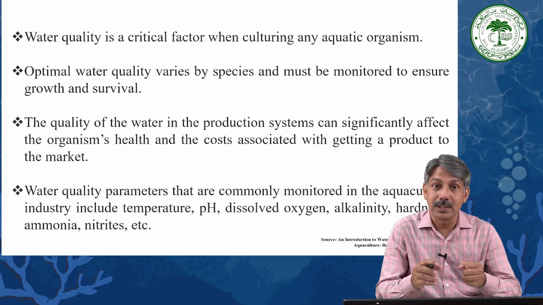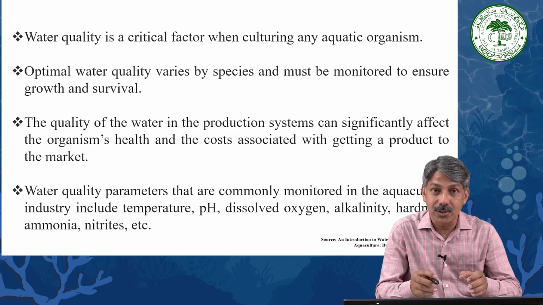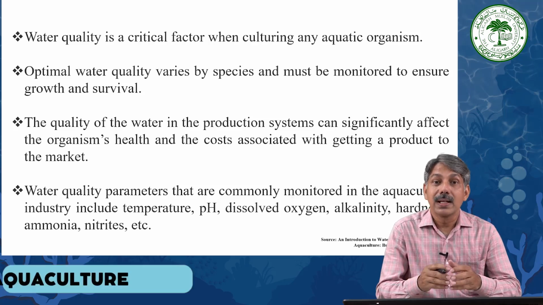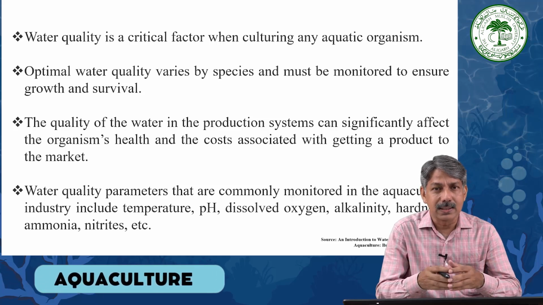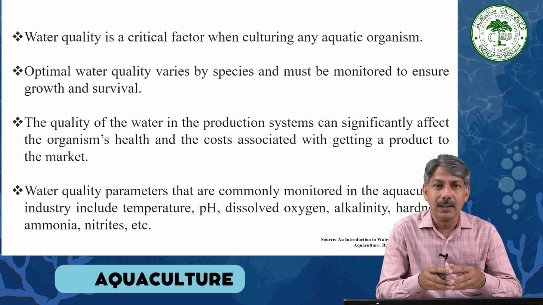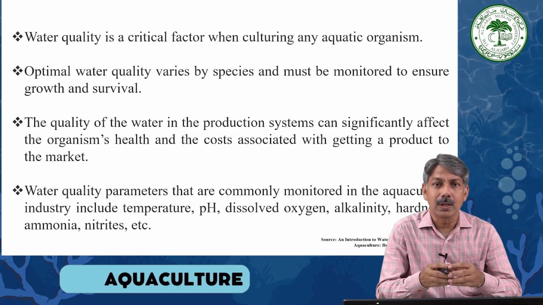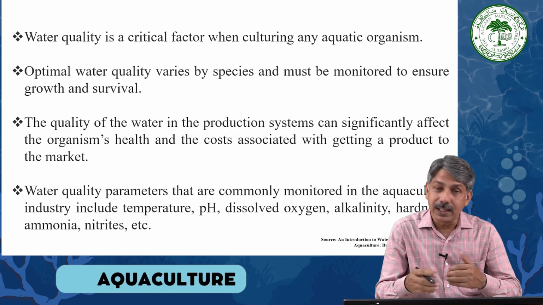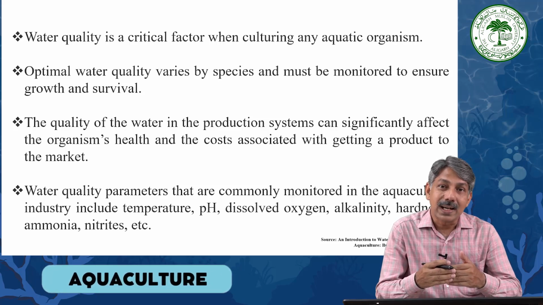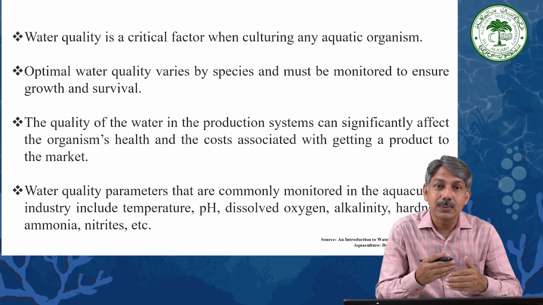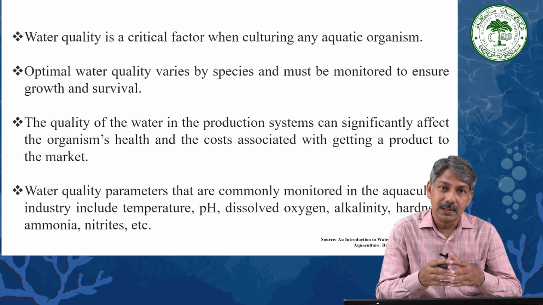Those water quality parameters must be in the optimal range in which the candidate species can show good survival, growth rate, as well as reproduction, and complete its life cycle comfortably. So we need to understand what water quality is, and the range in which these candidate species, for example, fishes, may be able to grow well and reproduce.